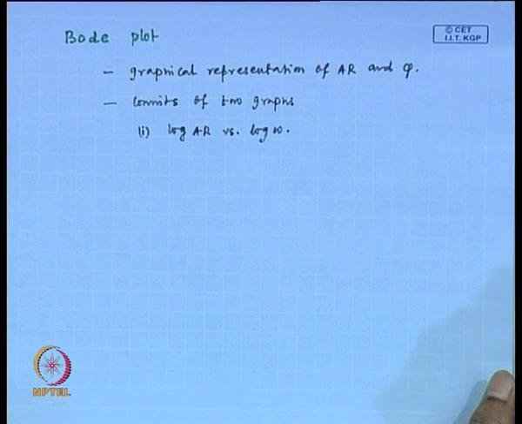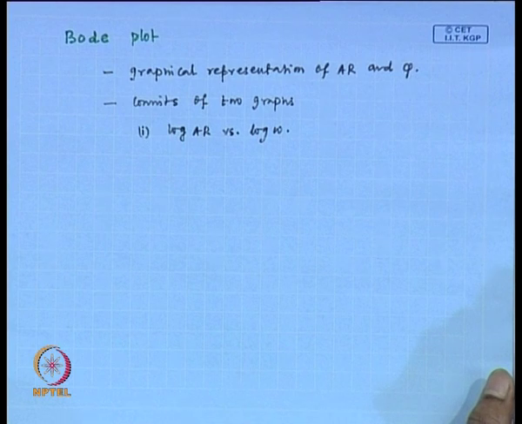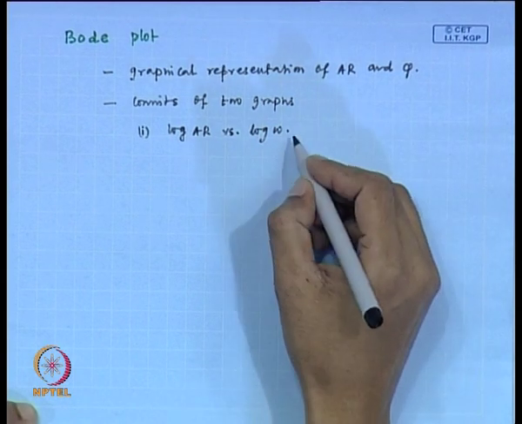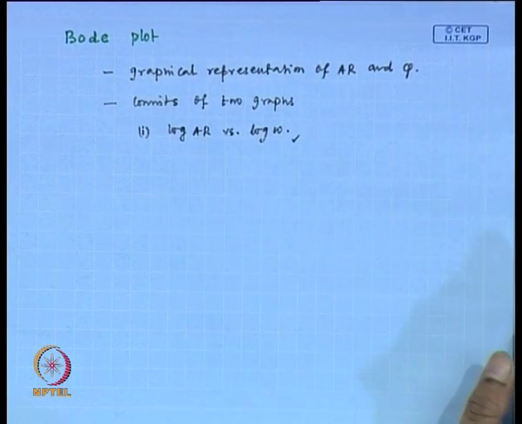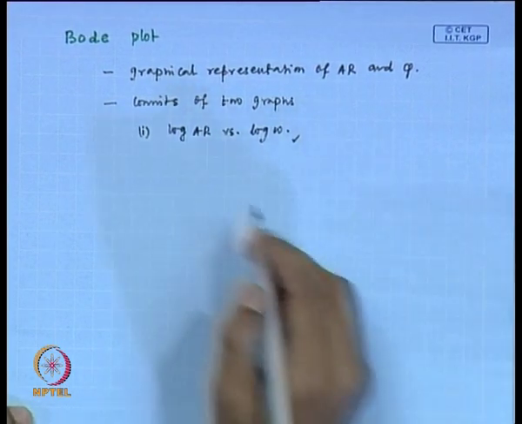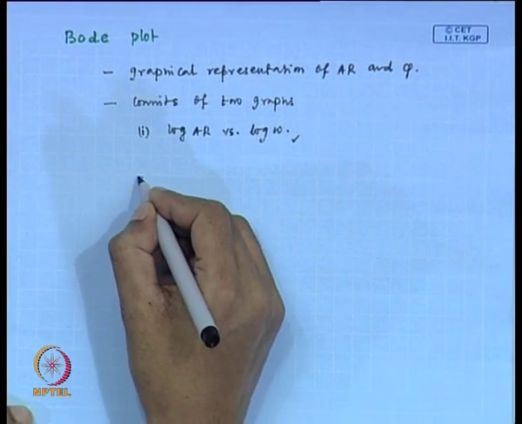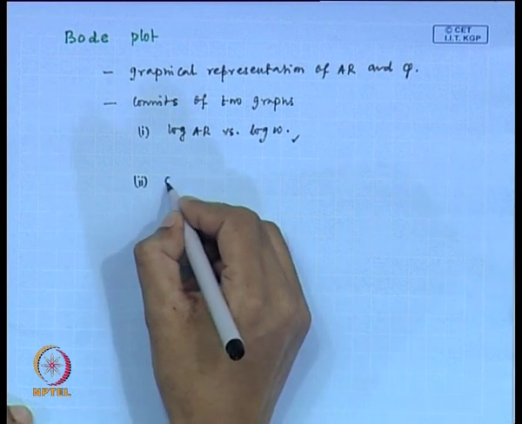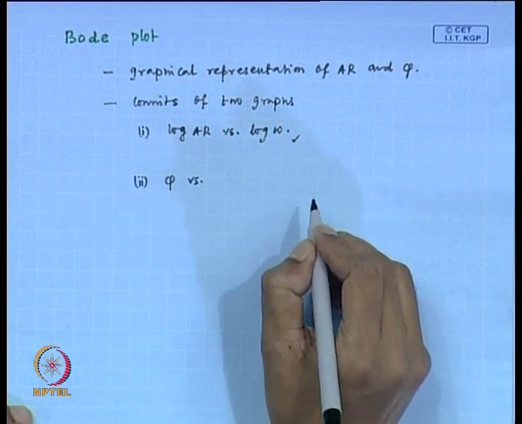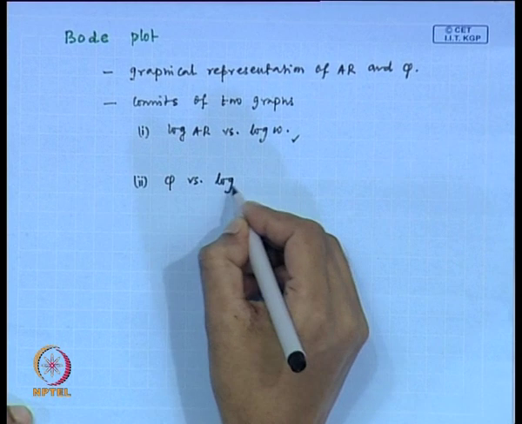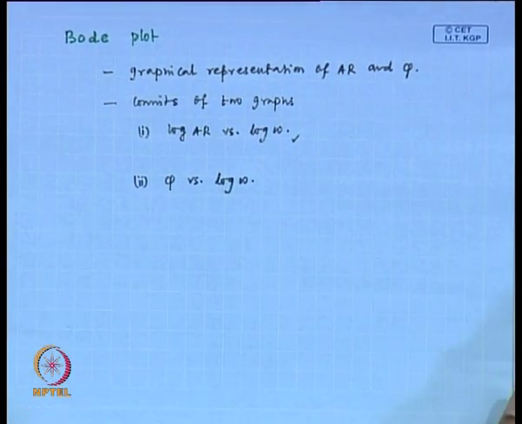The Bode plot consists of two graphs. In the first graph, the amplitude ratio in logarithmic form is plotted with log omega, and in the second plot, the phi is plotted with log omega.